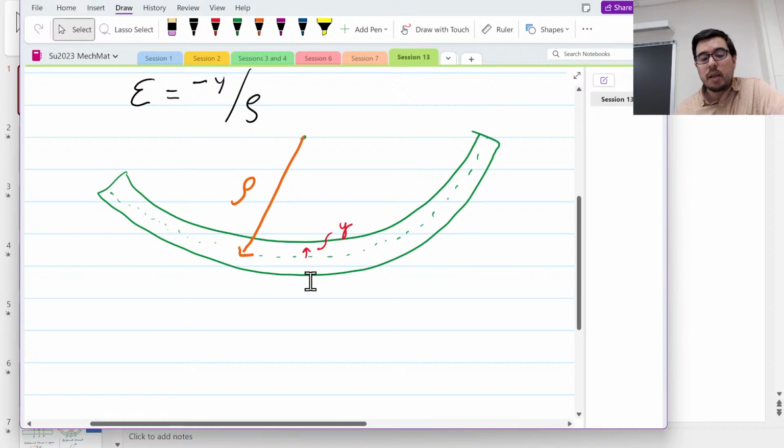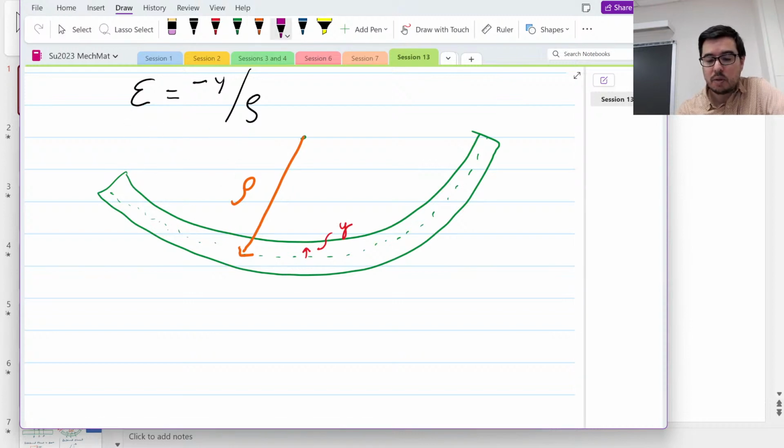And so what is happening? We're saying that there's some longitudinal strain, some type of strain the material is experiencing, and this is epsilon.